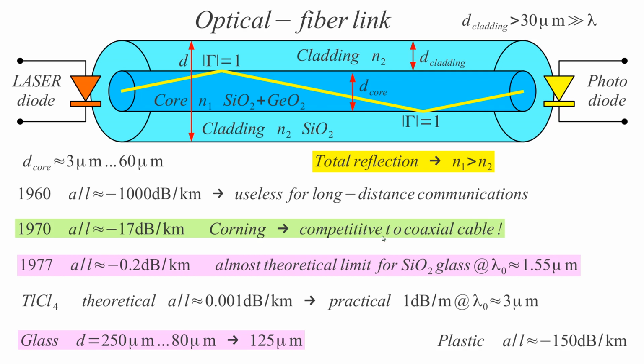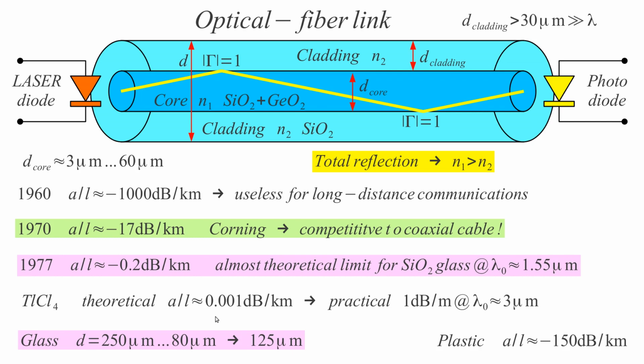Not just comparable, but shortly after that, much better than coaxial cable. Much better. This is almost the theoretical limit for silica glass at a wavelength that's near visible, near infrared wavelength of 1.52 micrometers in free space. Not in glass, because glass has a refraction coefficient larger than 1.